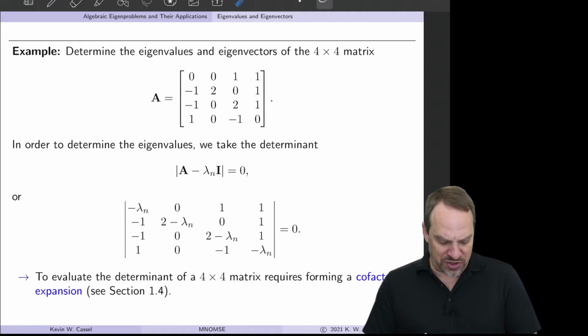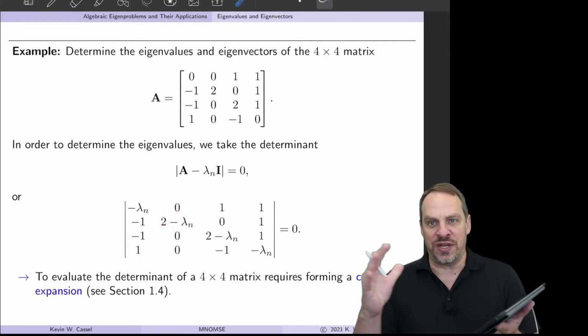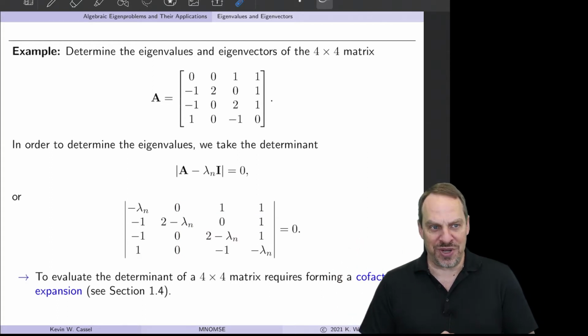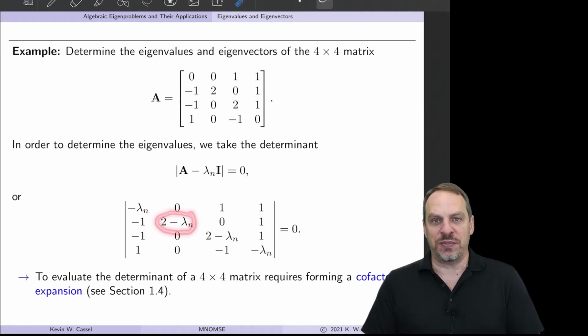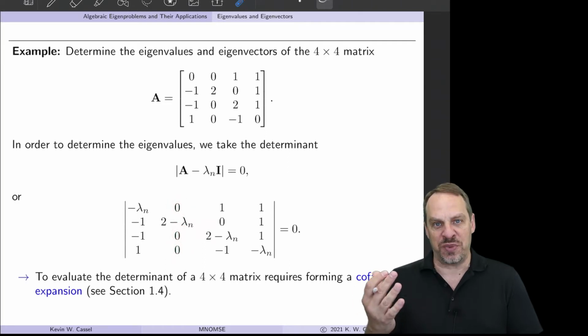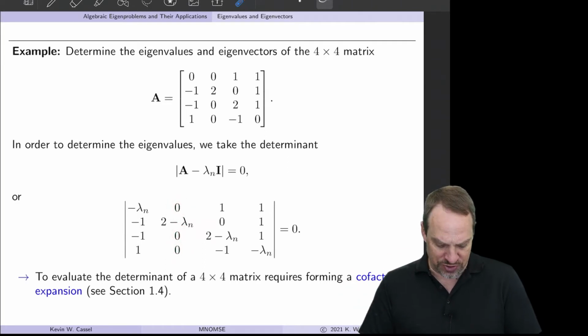All right, so if you remember how the cofactor expansion goes, you take out the corresponding row and column, you collapse it down to, in this case, a 3x3 matrix, and you have the determinant of that, that's the minor, times 2 minus lambda. All the others just have 0 times their respective minors, which of course are all 0.